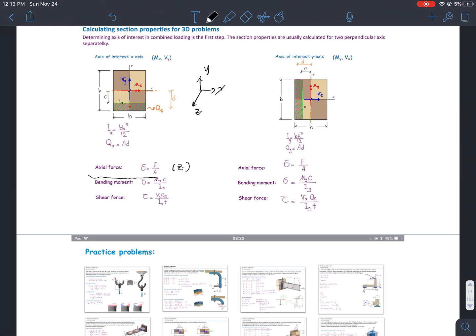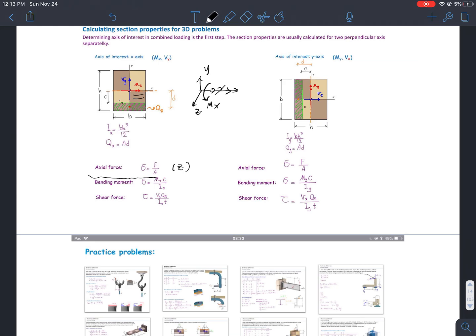Okay, so when I have a bending moment, be careful, this is how I assign my bending moment. Why is that? You see this double arrow here? Okay, so basically if you have your 4 fingers follow the bending direction, okay, and the thumb will give me the orientation of the bending moment.